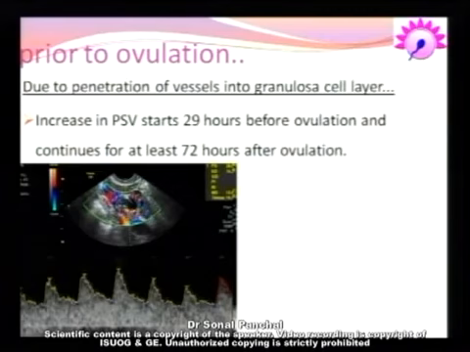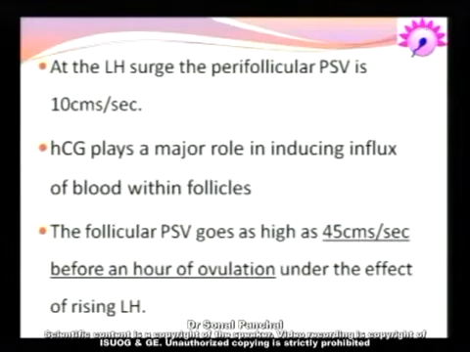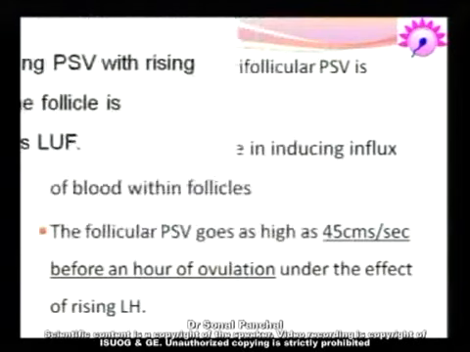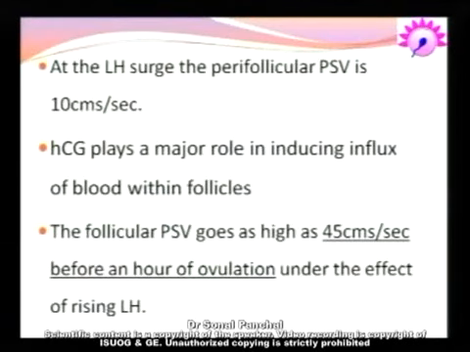Before 29 hours, the PSV starts rising, and it continues to rise at least 72 hours after ovulation. That means when the LH surge has started, the PSV was 10 centimeters per second with a normal RI of less than 0.48 or roughly say 0.5.